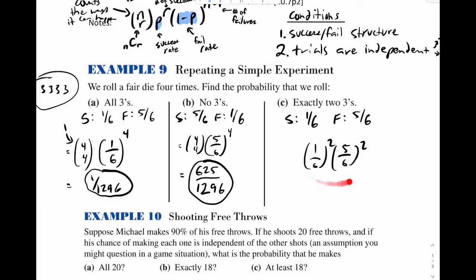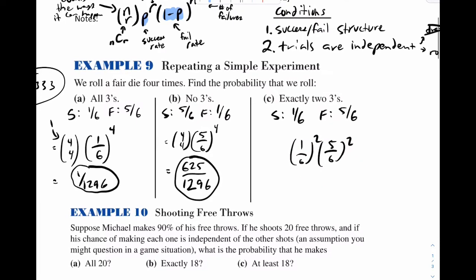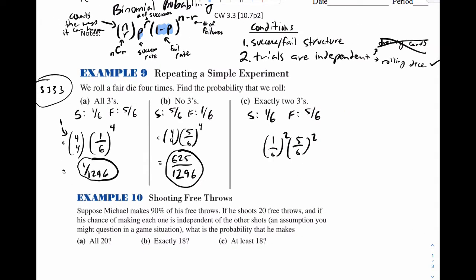And if you just do this, again, this is not going to account for the ways it could happen, meaning I'll put that on the side here, ways it can happen, because it could be success, success, fail, fail, or fail, success, success, fail. It could be fail, fail, success, success.